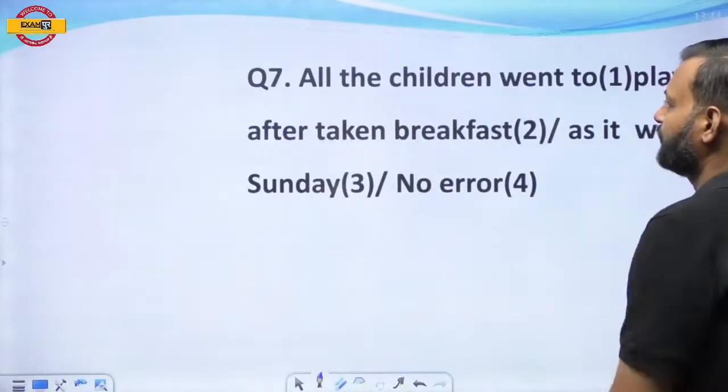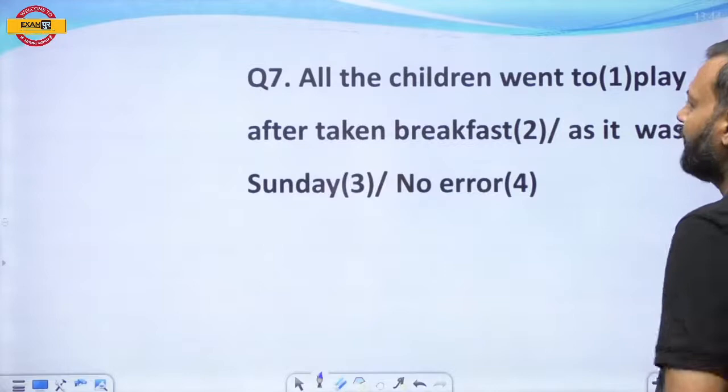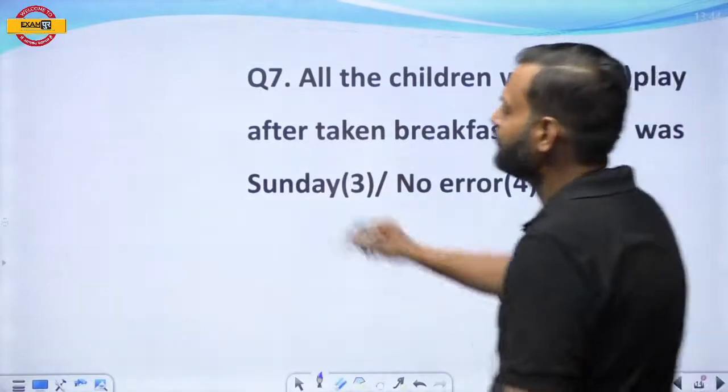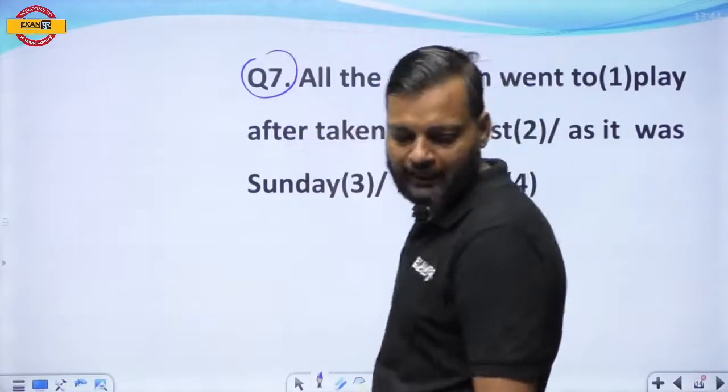Question number 7. All the children went to play after taken breakfast. Now what is the error in this sentence? Very important question.